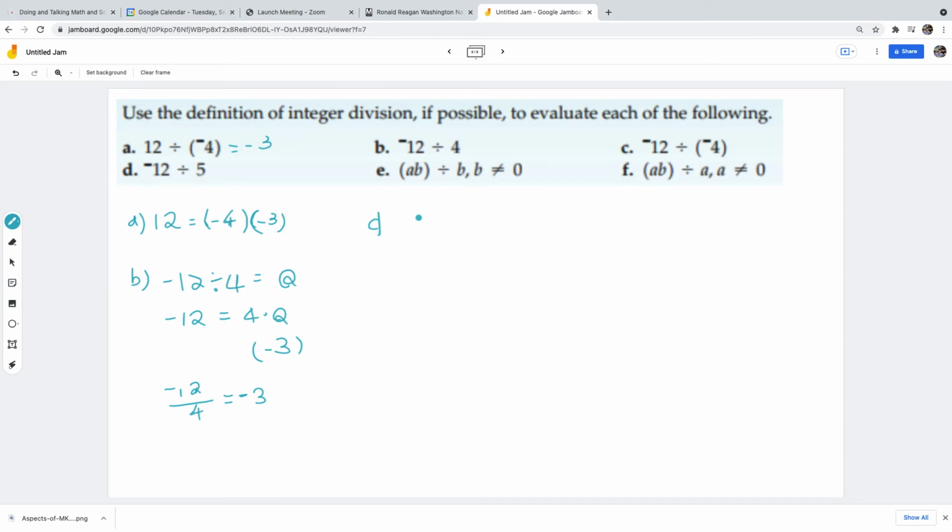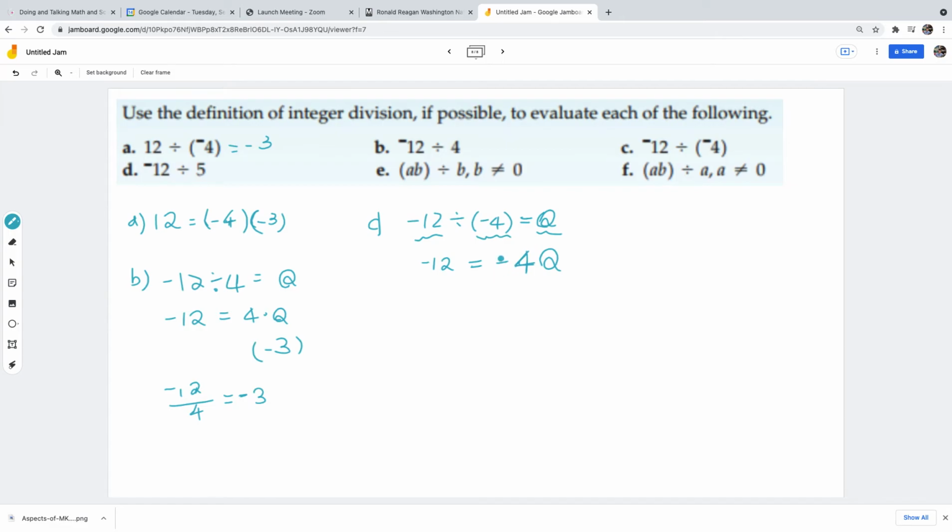So let's continue. C. Negative 12 divided by negative 4 will be something, that quotient. And we also know the relationship between these three numbers, right? So dividend equals divisor times quotient.